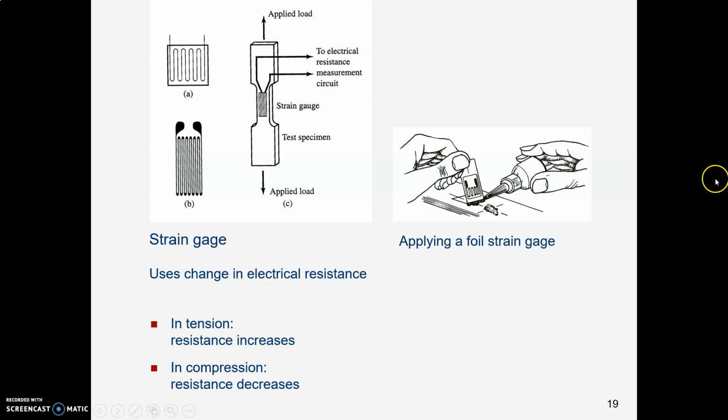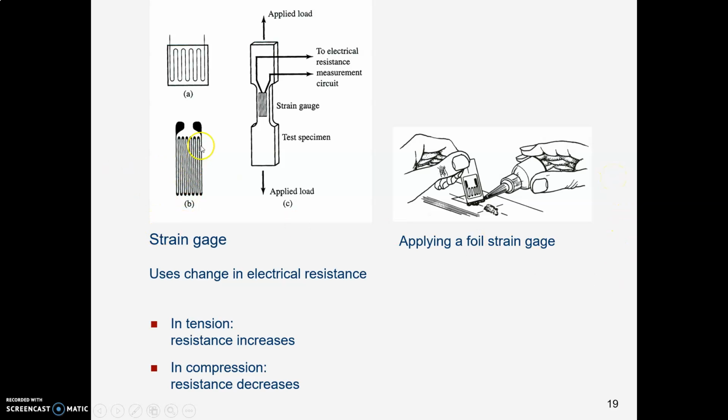Here is a physical, mechanical example of a strain gauge. These are pretty inexpensive. They have a path of conductor, like copper, printed on a piece of foil, and you attach it to your structural member with adhesive, and then you apply the load.